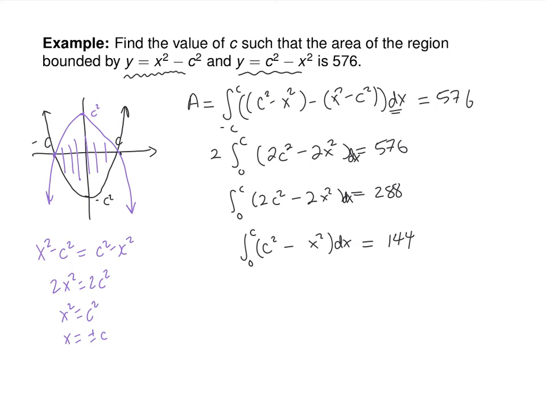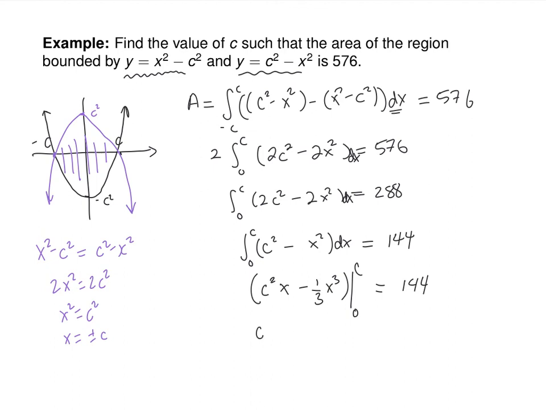All right, now here's the trickiest part. C squared is a constant. When you antidifferentiate that constant, its antiderivative is c squared x, kind of like the antiderivative of 4 is 4x. The antiderivative of x squared is 1/3 x cubed. And we're going to figure that out between 0 and c, and it has to equal 144.